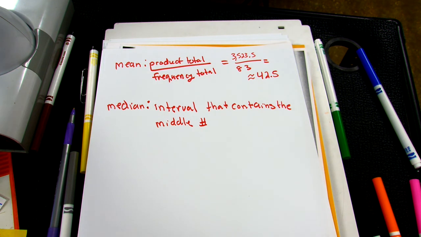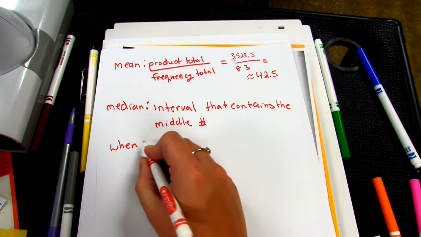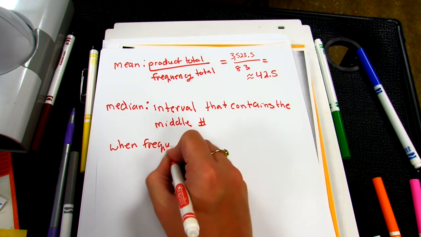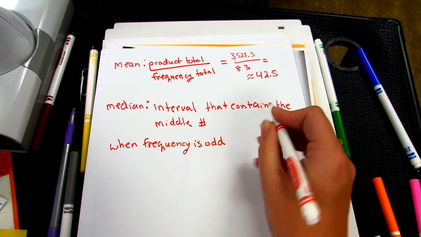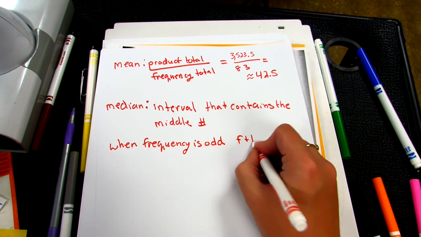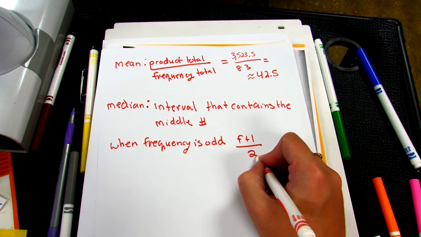So the interval that contains the middle number is first found by finding the position of the middle value, okay? So when your frequency is odd, you can just do your frequency plus 1 divided by 2, okay?